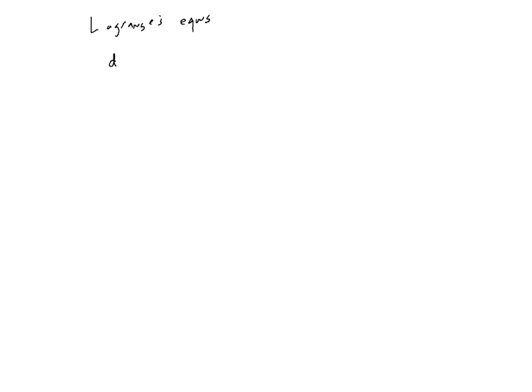So Lagrange's equations basically say that if you take the time derivative of the kinetic energy with respect to velocity, and you add to that the derivative of the potential with respect to position, the result is going to be 0.